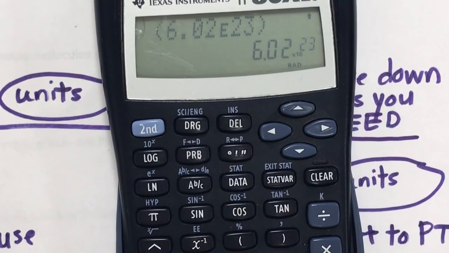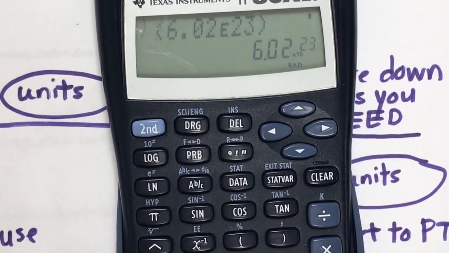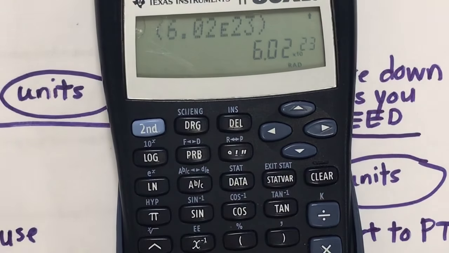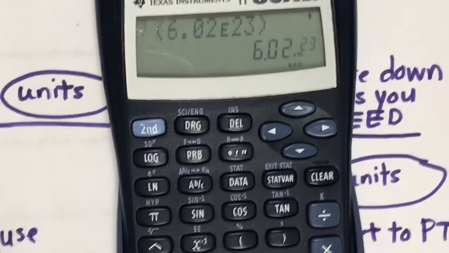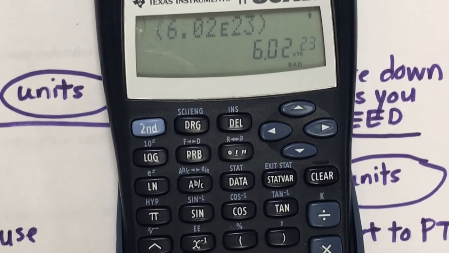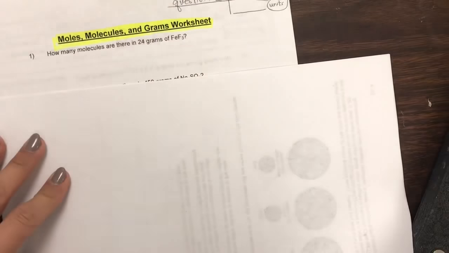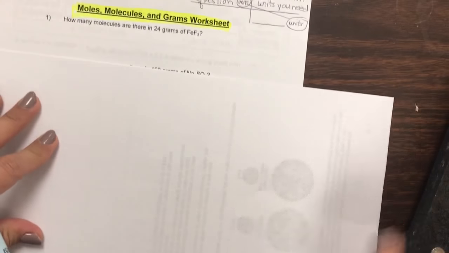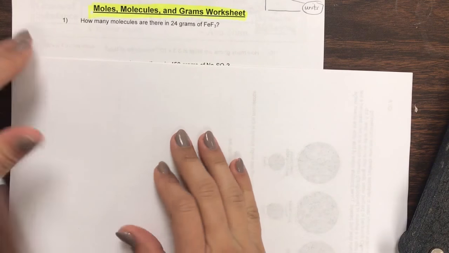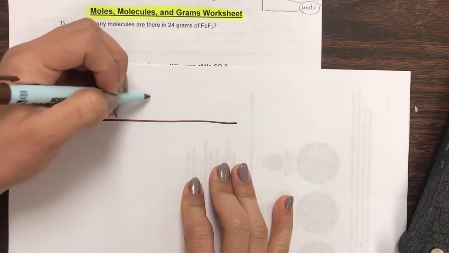I'm going to work one sample problem with you, and then I'll make different videos for the individual worksheets that I showed you that are due. Okay, so this sample will do number 1 on this worksheet. You set it up just like this.